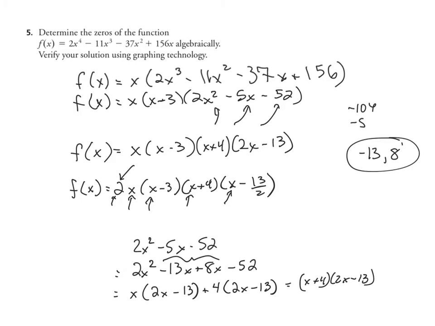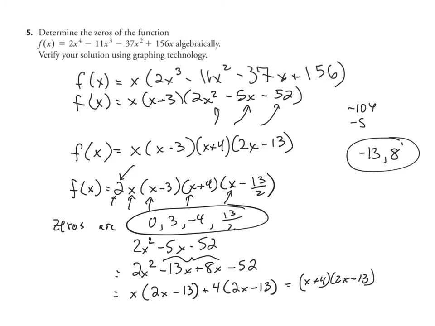All right, so what does this ask? Determine the zeros. Therefore, the zeros are 0, 3, negative 4, 13 halves. And let's do graphing technology.